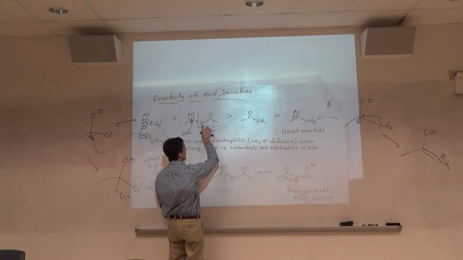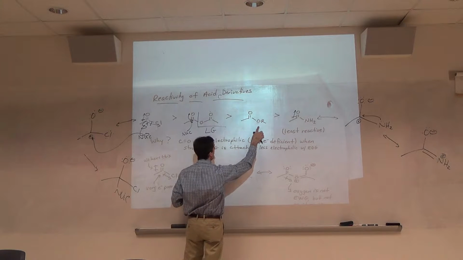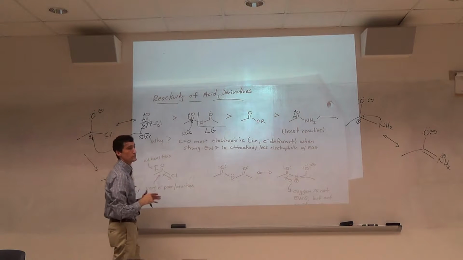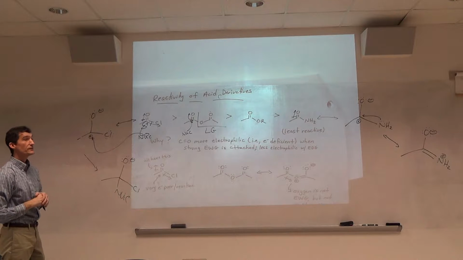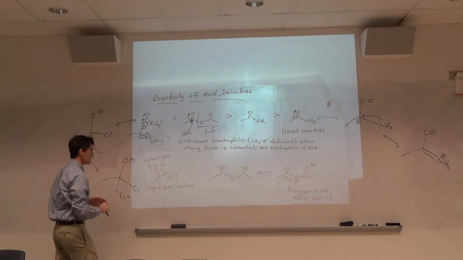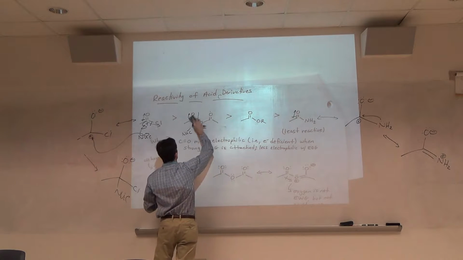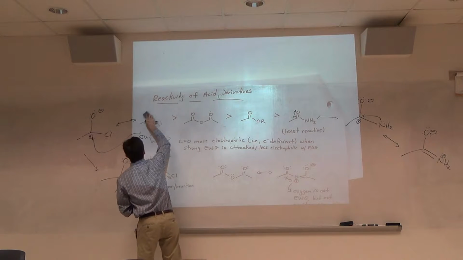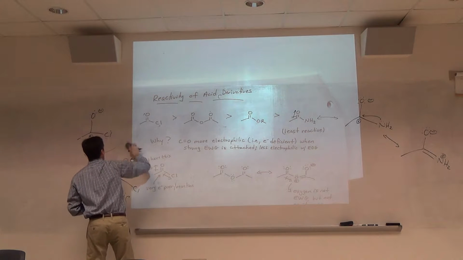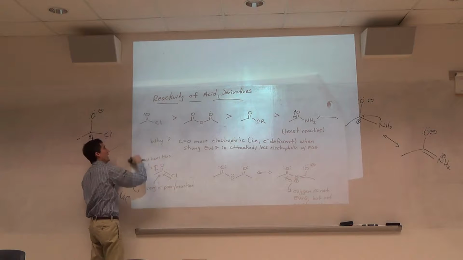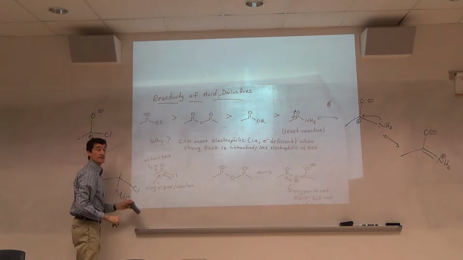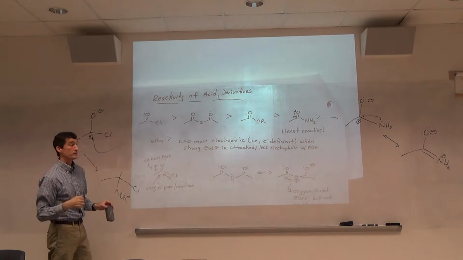So that's why this oxygen cannot donate as much as this one, and thus this anhydride is more reactive, more electrophilic. But when you get to chlorine, chlorine certainly doesn't like to donate, and its net effect is actually withdrawing.